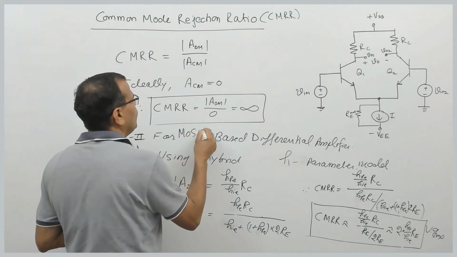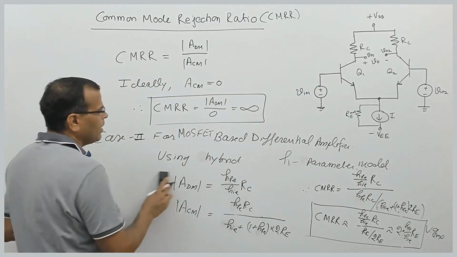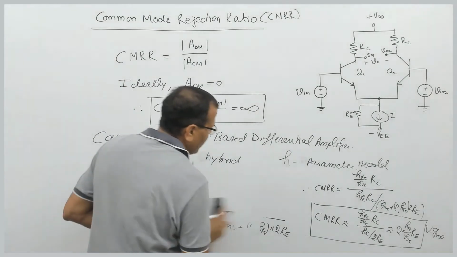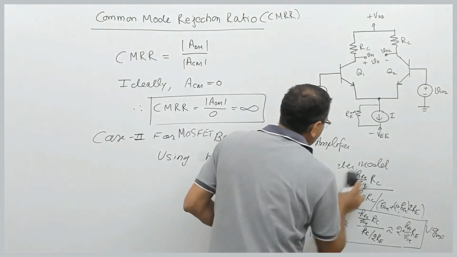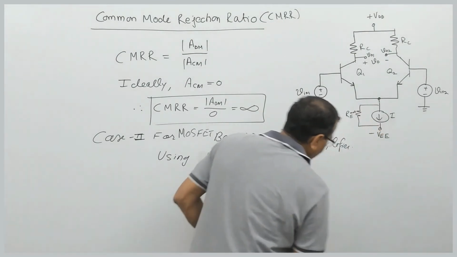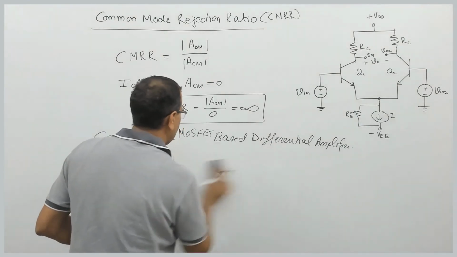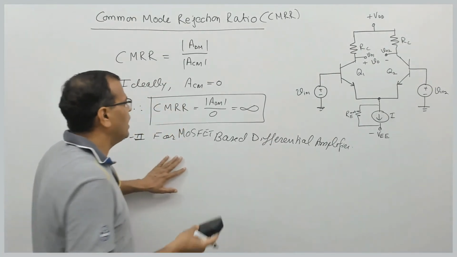Here we will be talking about MOSFET based differential amplifier, and if you remember, for MOSFET based amplifier we have already derived the expression of the common mode gain and differential mode gain. I will be taking single-ended here first. Reason being, I will explain that.